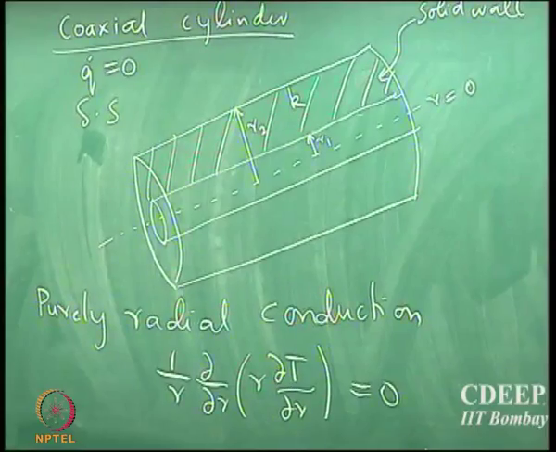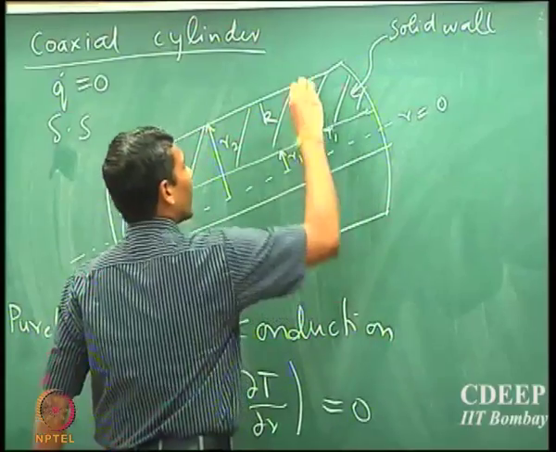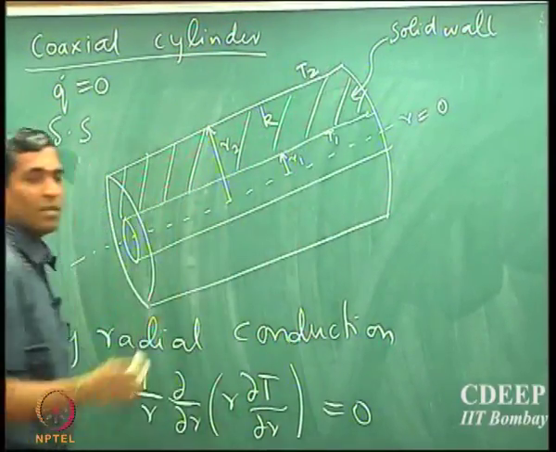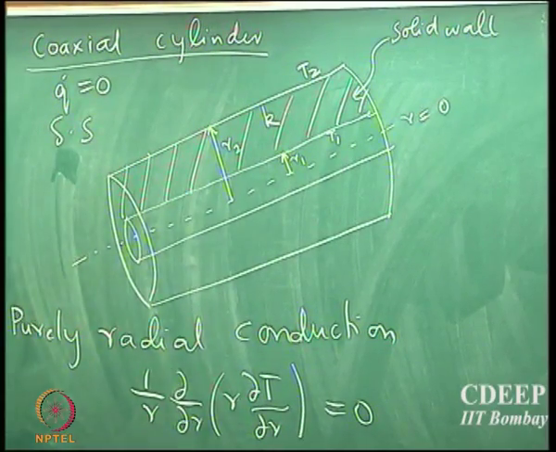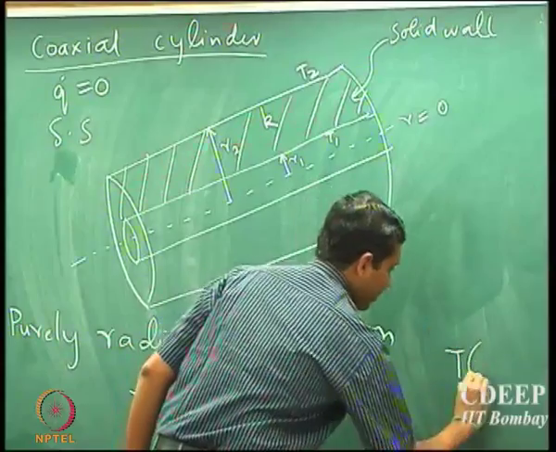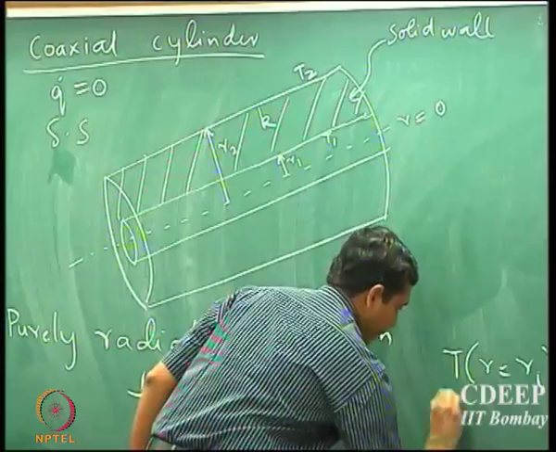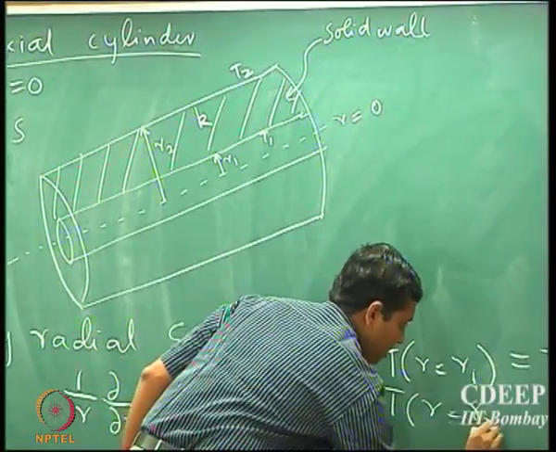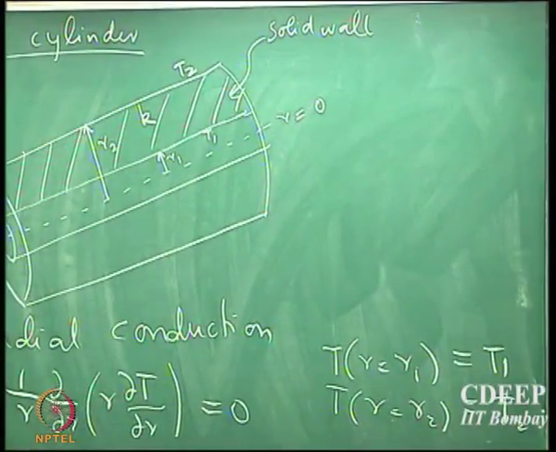That is the model equation. And if I specify that the temperature here is T1 and the temperature here is T2, I can easily read out the boundary conditions. So the boundary conditions are T at r equal to r1 is T1, and T at r equal to r2 is T2.